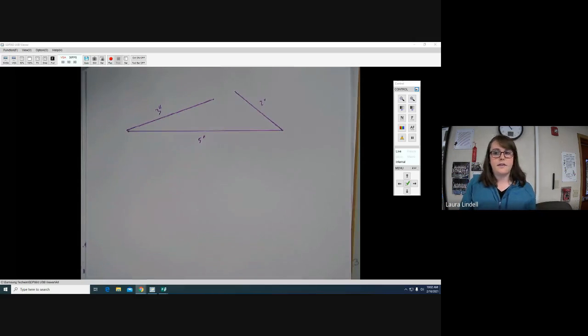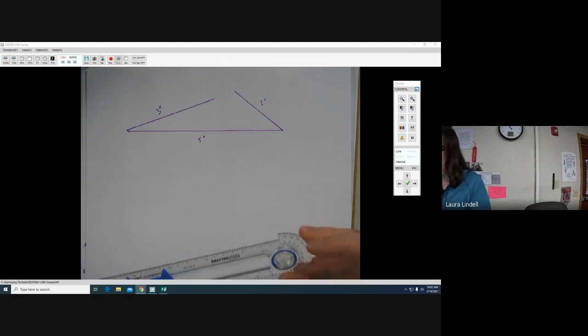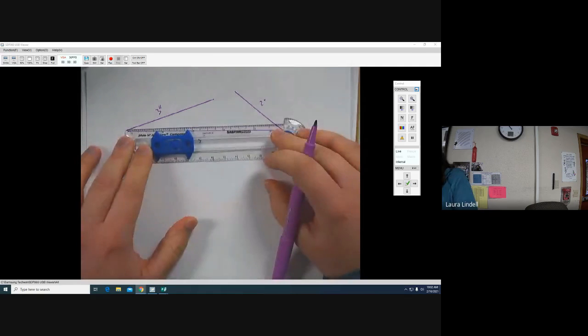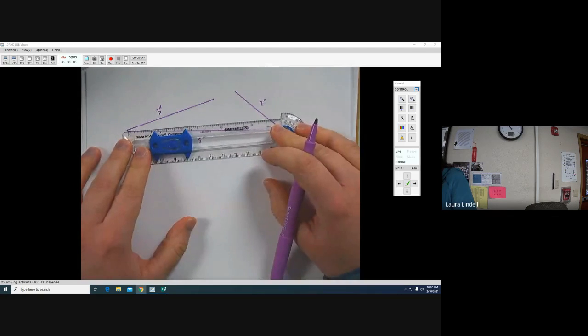So what do we think? That one doesn't quite make a triangle. Could I make a triangle with sides that are 5 inches, 3 inches, and 2 inches? Like if I were to squish it together a little bit more, maybe? Let's try it. I'm going to keep this same 5-inch long one. I'm going to make it as small as possible for this little triangle.